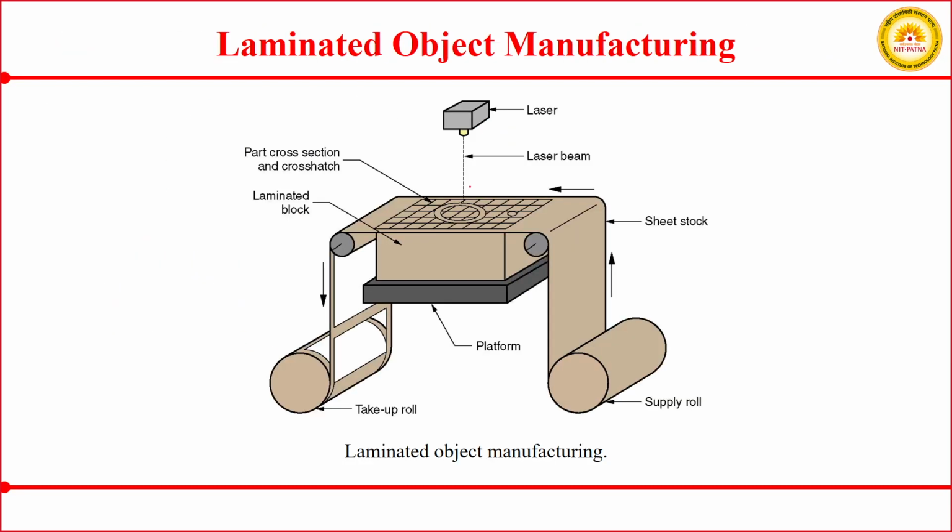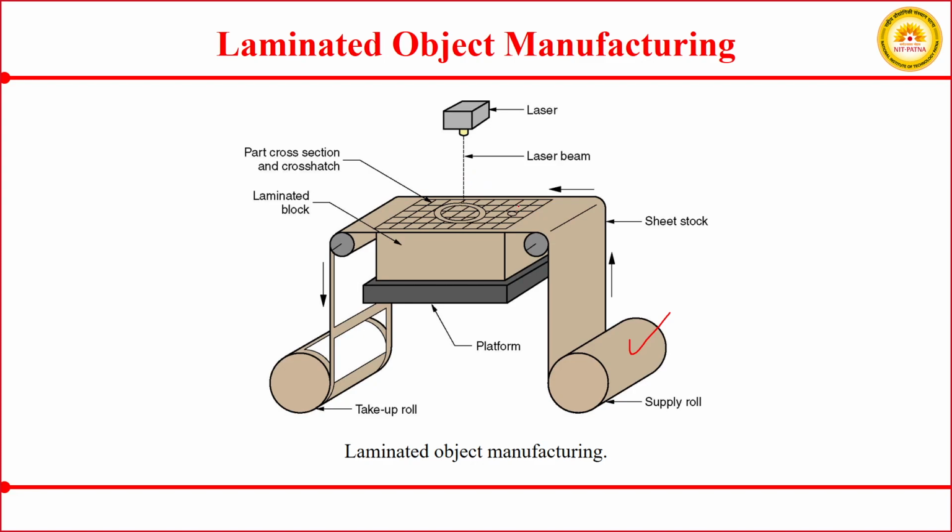Let us try to see here. You can see you have a laser source and a sheet stock, which may be in the form of a supply roll.